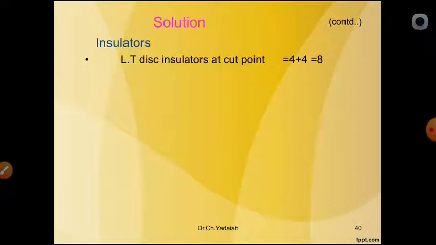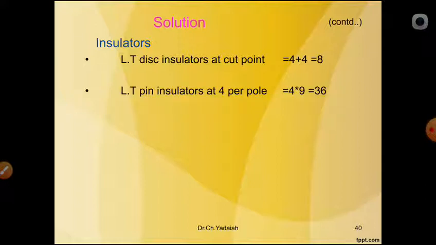At the cut point we are going to use specialized insulators. At one cut point, R phase, Y phase, B phase on one side is 4 insulators, and R phase, Y phase and street light on the other side. So 8 disc insulators are required for one cut point for the jumper purpose.